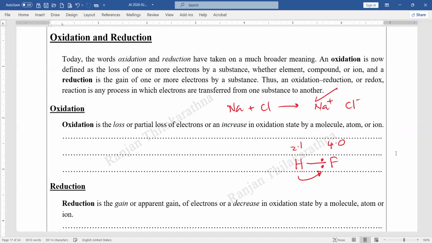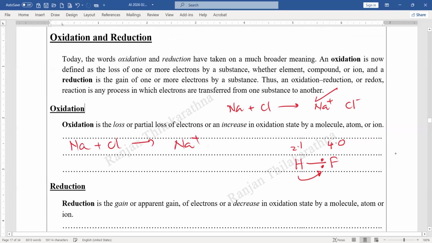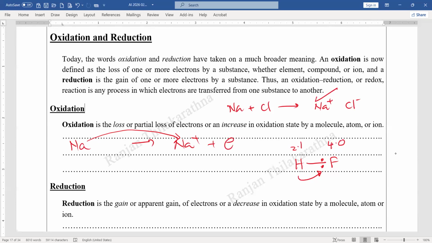Then sodium plus chlorine will give Na+ and Cl-. This has been oxidized, giving an electron out. So you can simply write that sodium has removed an electron to become Na+. Oxidation.